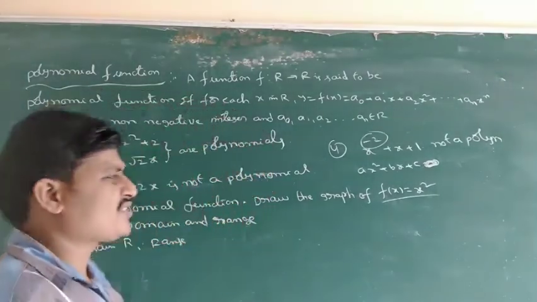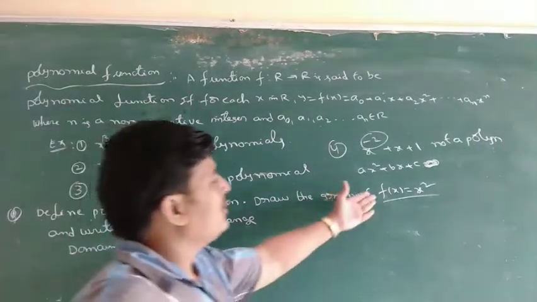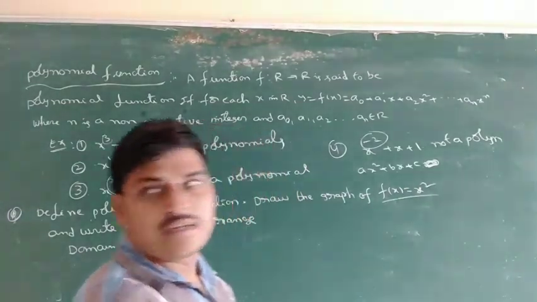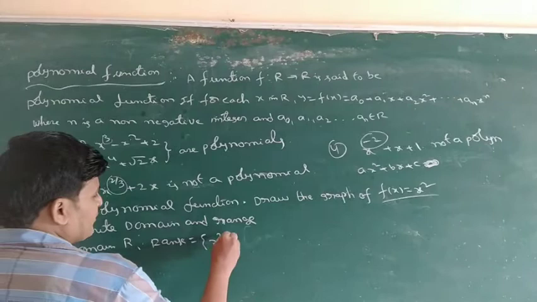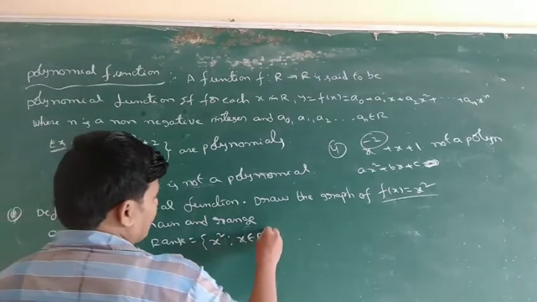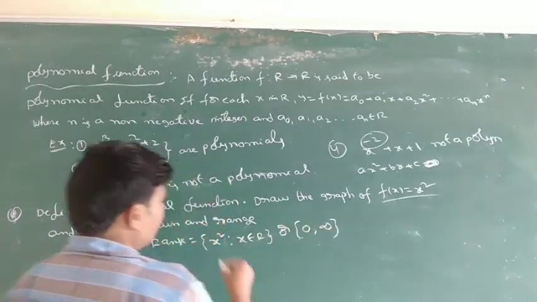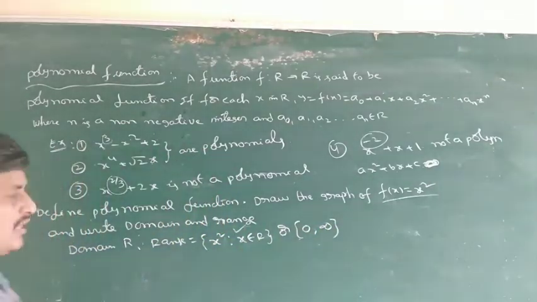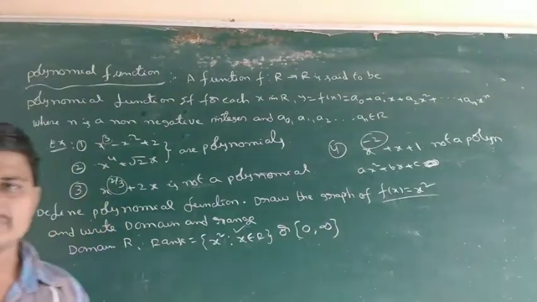Positive numbers, so x square is nothing but positive numbers. So f of 0, f of root 2. Okay, so maybe the range is equal to x square such that x belongs to R, or 0 to infinity. This is the textbook answer. x square is always positive.